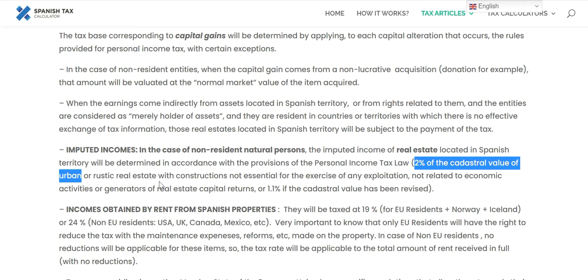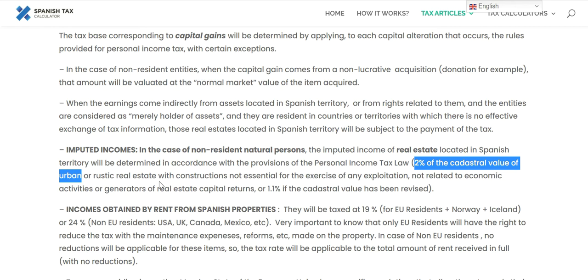So there is a popular misconception about this tax in Spain, in which a lot of people think that they don't have to declare taxes in Spain, being non-residents, because they are not receiving any incomes.